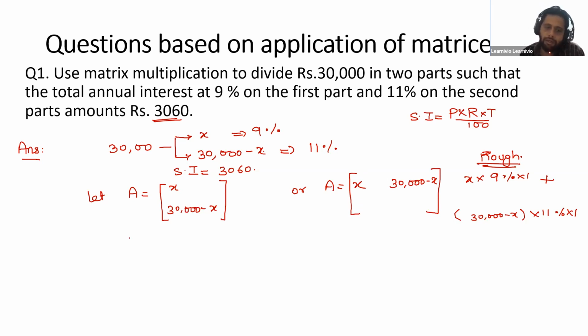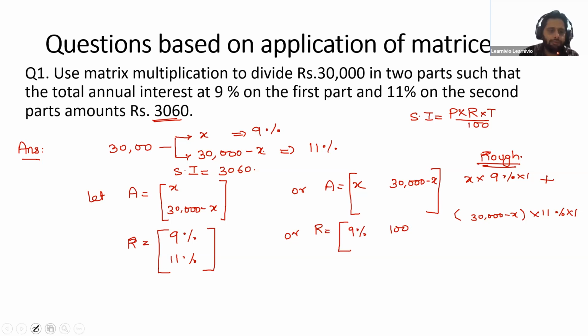Now similarly, the rate of interest with R. What is the rate of interest? We can represent the rate of interest like this, 9% and 11%, as a column, or we can represent it like this, as a row, 9% and 11%.